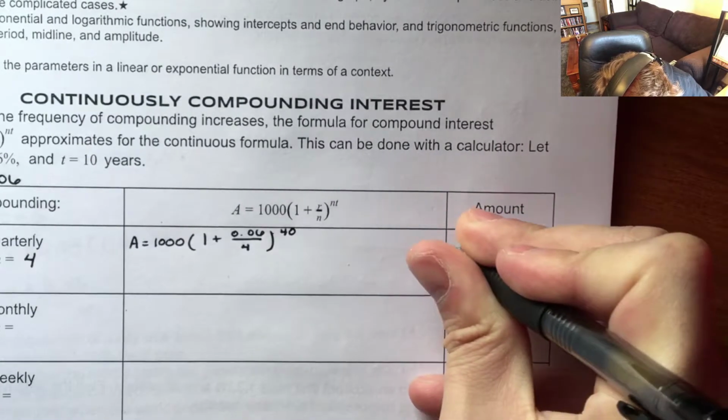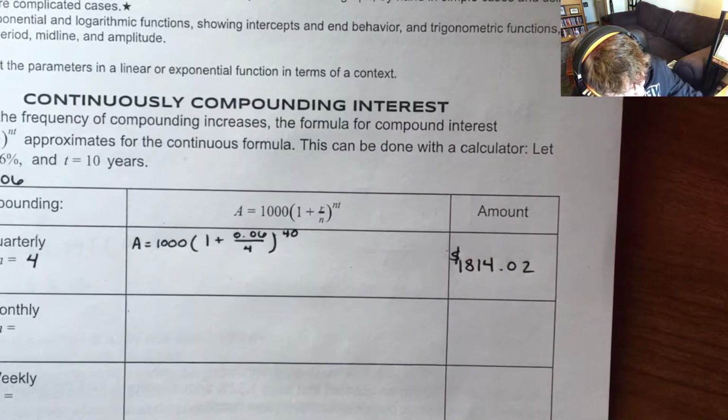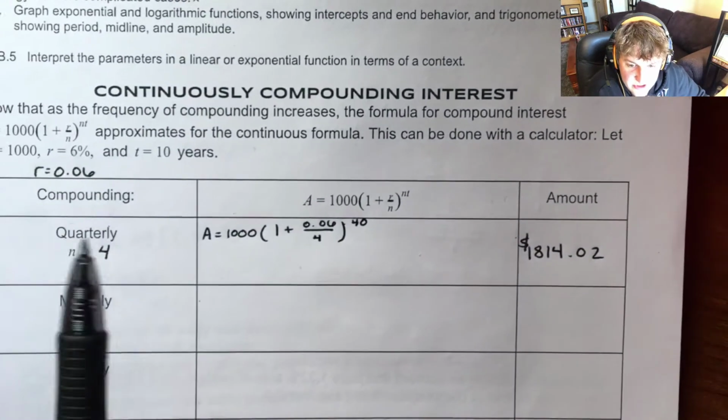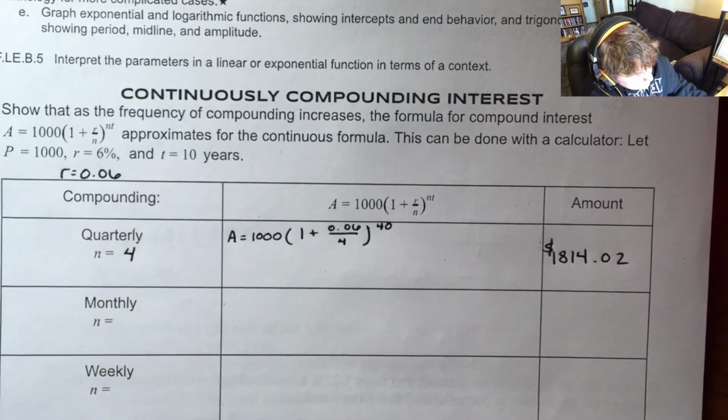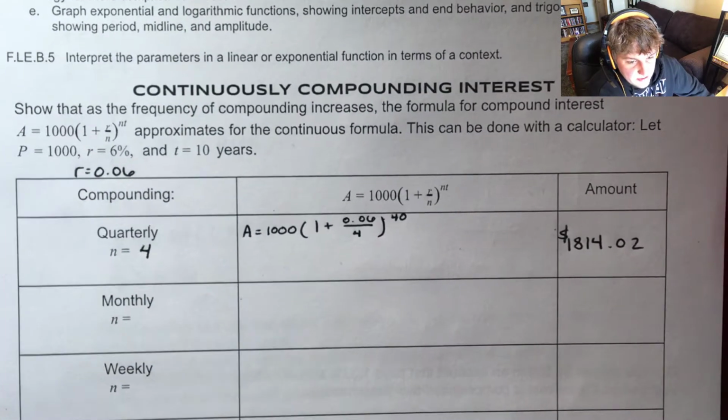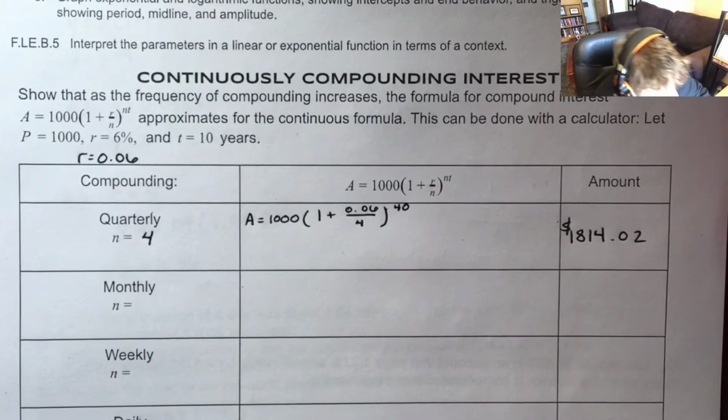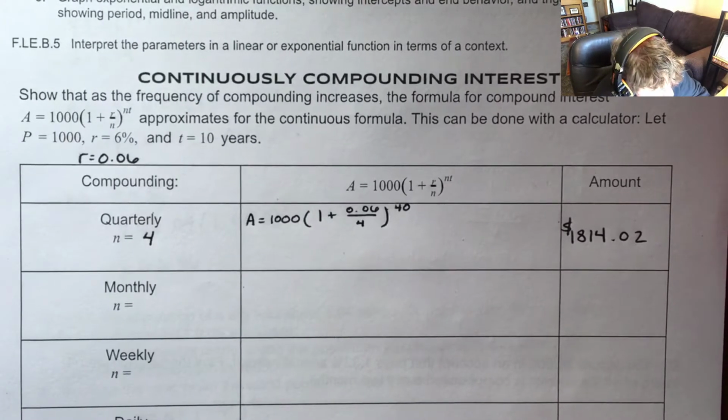So if I have an account with a principal amount of $1,000 at 6% over 10 years, when it's all said and done, I'm going to have $1,814.02.